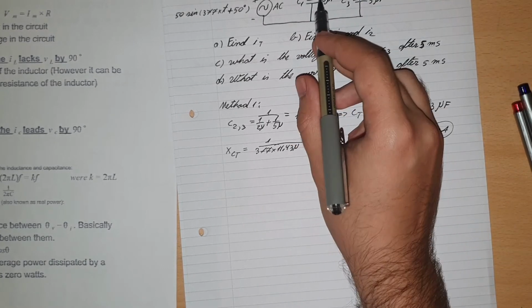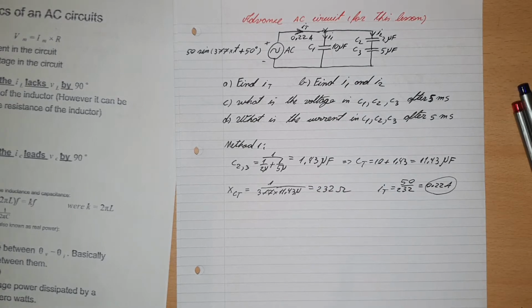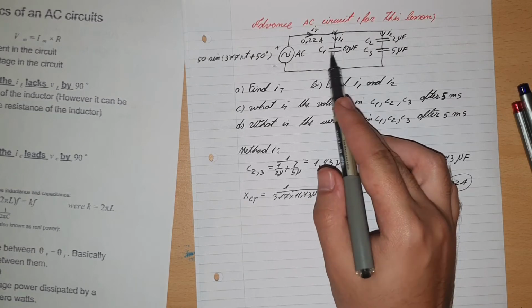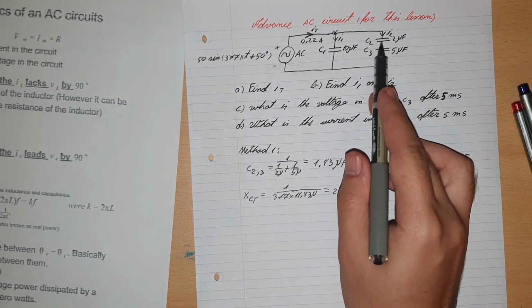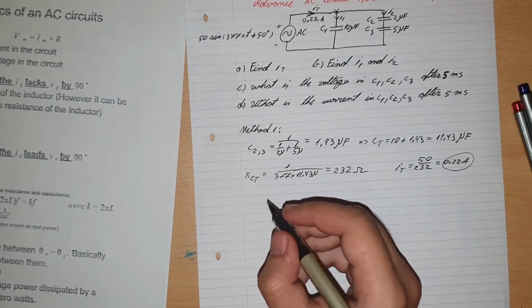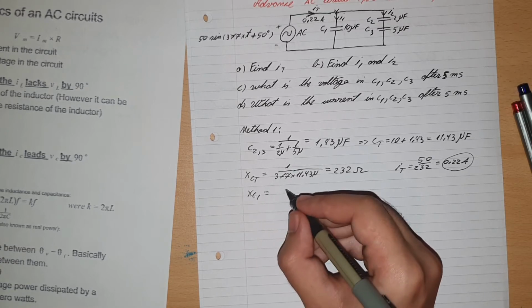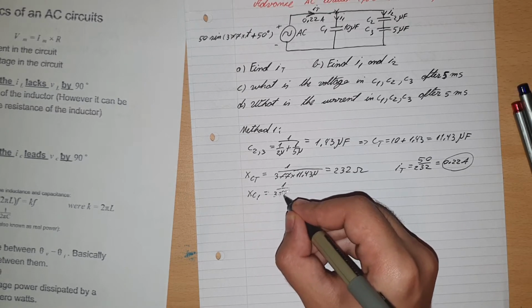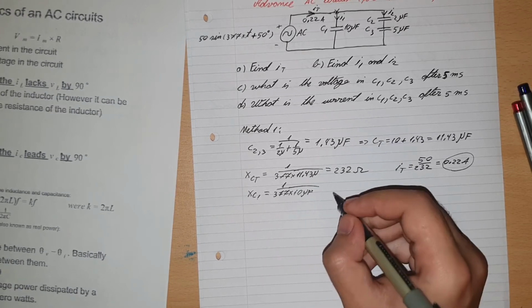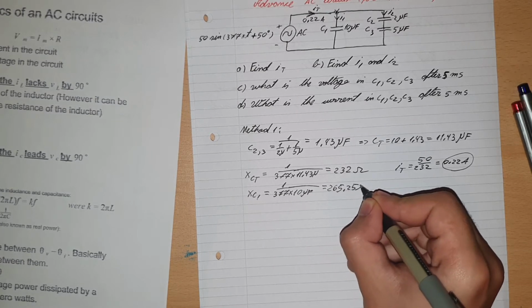Now we just need to find the value of I1 and I2. So to find these values, we need to find the resistance inside these two capacitors in parallel. So XC1, the capacitor 1 resistance, will be equal to 1 over 377 multiplied by its own capacitance, which is 10 microfarads, and that will be equal to 265.25 ohms.